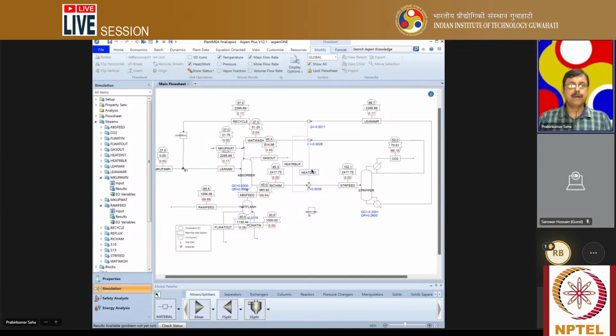And there are 3 or 4 heaters or coolers rather. So they exchange heat between them.